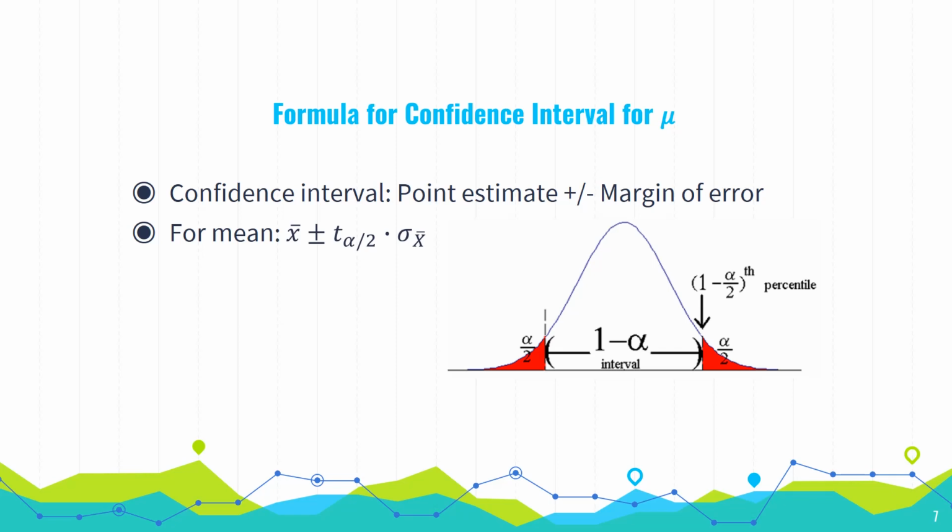So, which is to say, if I'm looking for a 95% confidence interval, I want to find what's that t-value that keeps 95% of the probability in the middle, and then the remaining 5% out in the tails. Okay, that's it. That's the idea for a confidence interval.